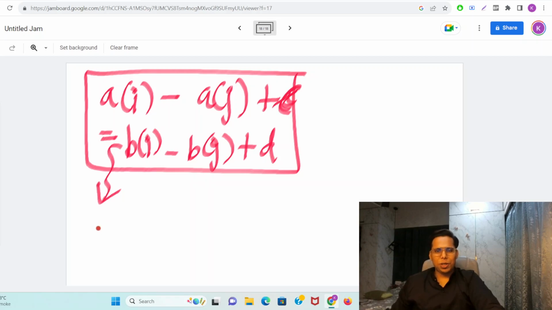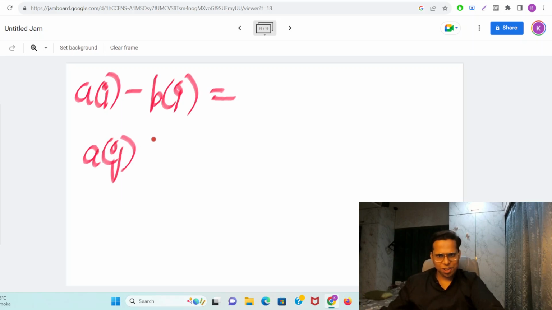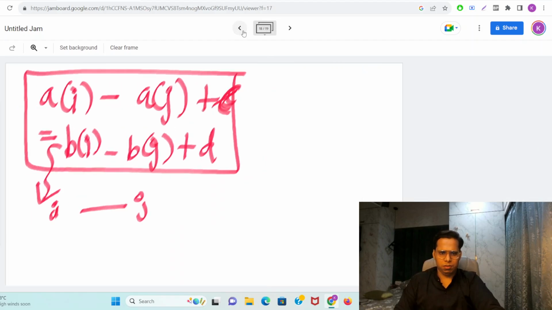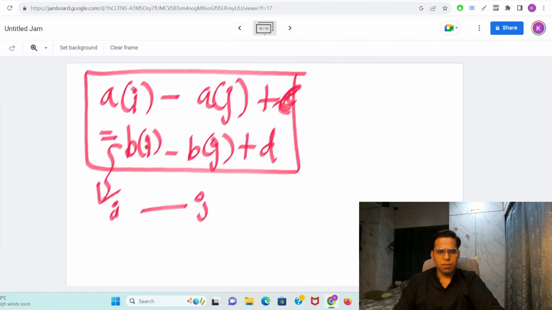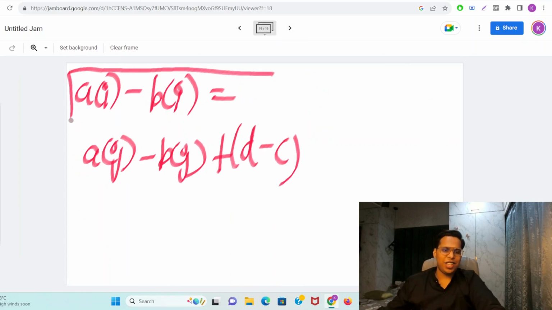So guys, in this particular case, you can take all the i's on the left hand side and all the j's on the right hand side. So how will it look? If I rearrange the equation, AI minus BI is equal to AJ minus BJ plus D minus C. Guys, see, I rearranged the equation.